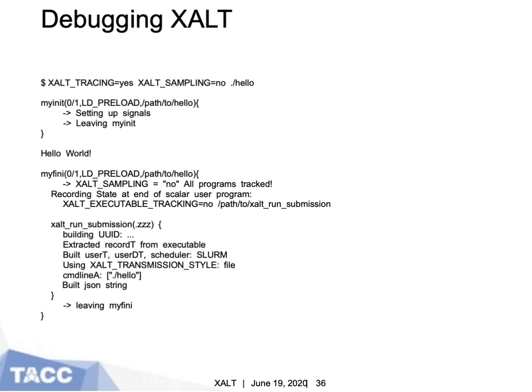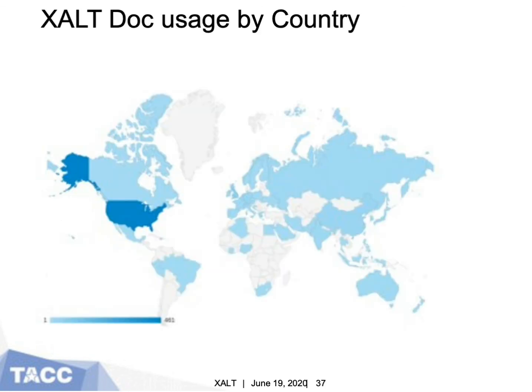And also, if you've got a bug report, I'm going to ask you to run XALT configuration report and give me an example of this so I can see what's going on. So XALT has documentation at Read the Docs.